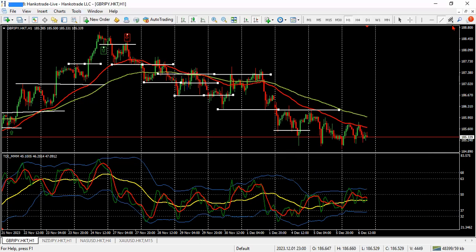Why? Because even though we have lower highs and lower lows, ultimately, until this range is broken, we're ranging. So this would have been the last trade.